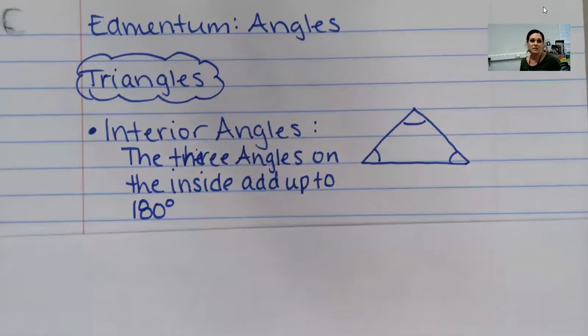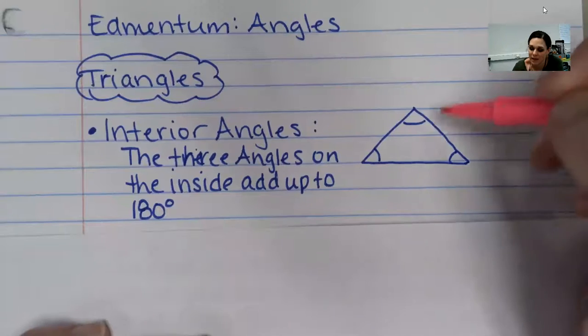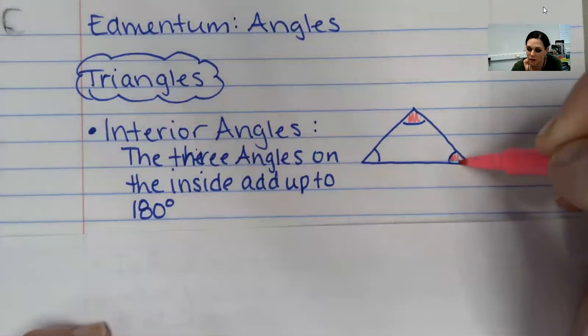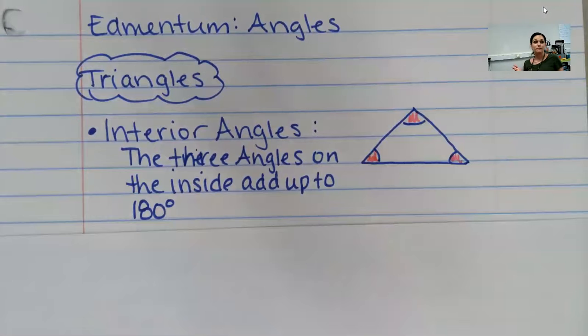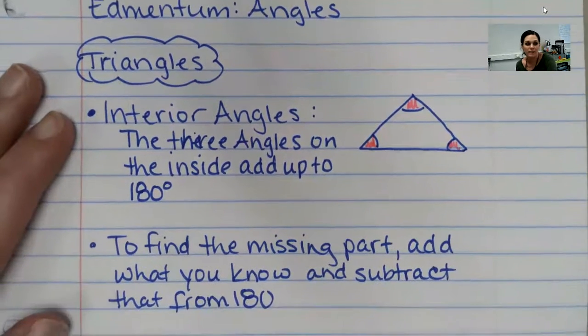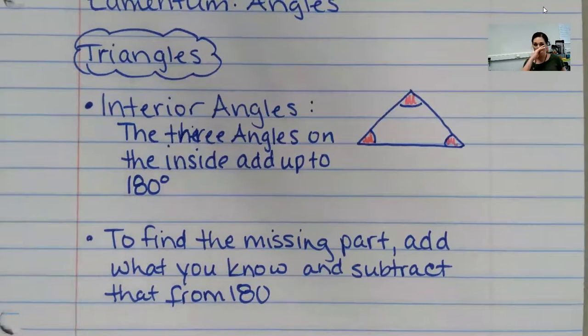An interior angle in a triangle is talking about the angles on the inside. Those three angles add up to 180. Those three angles have to make 180 degrees no matter what we're working with. To find the missing part, we add what we know and subtract that from 180.